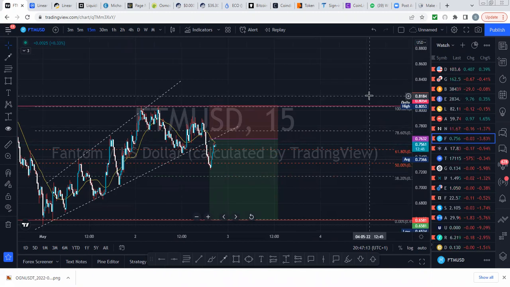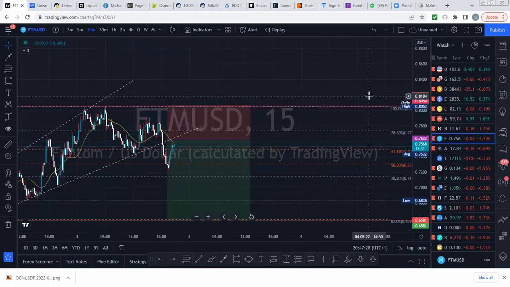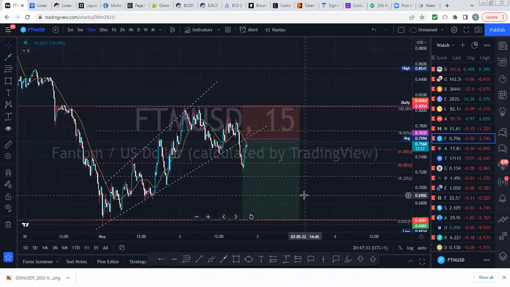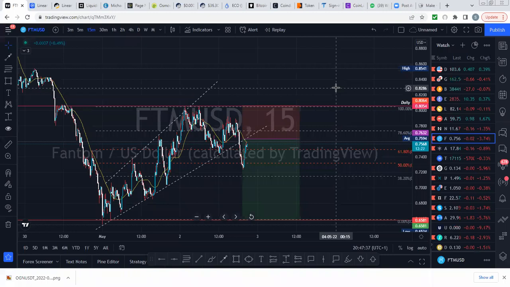When it breaks past 38.2, it pushes slowly to the upside.